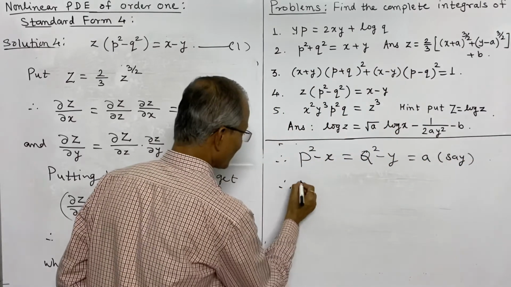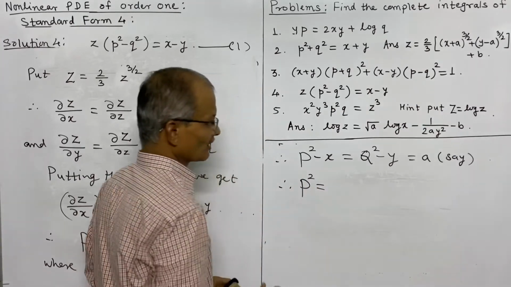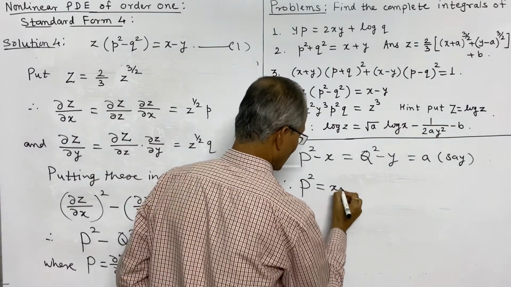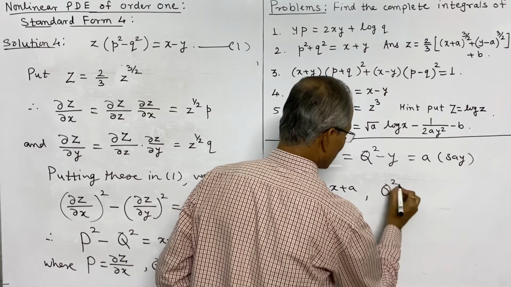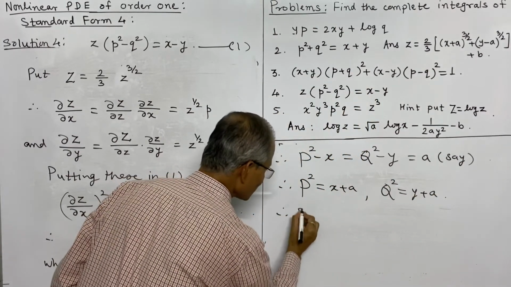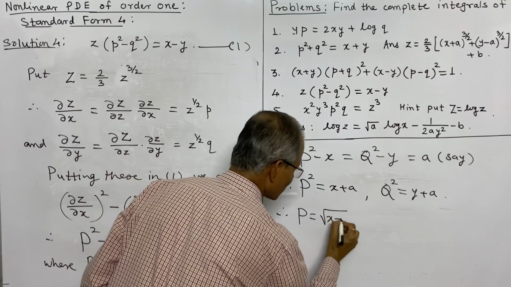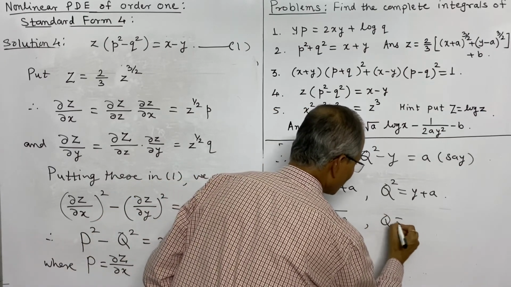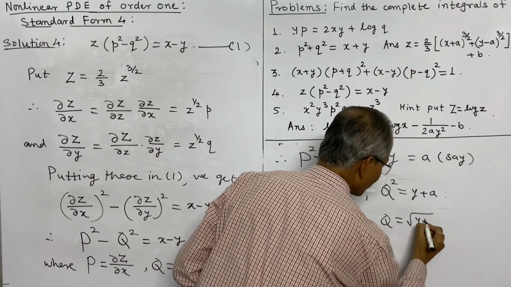And from this we can write the value of capital P square. That will be x plus A. And capital Q square, that is y plus A. Or from this, capital P is root of x plus A, and capital Q is root of y plus A.